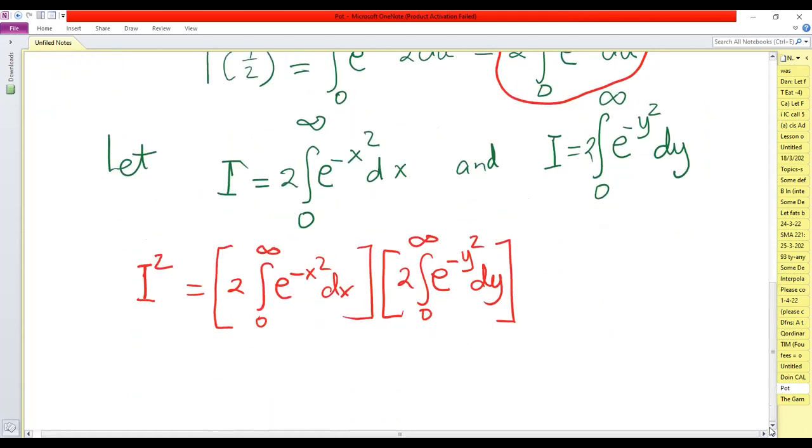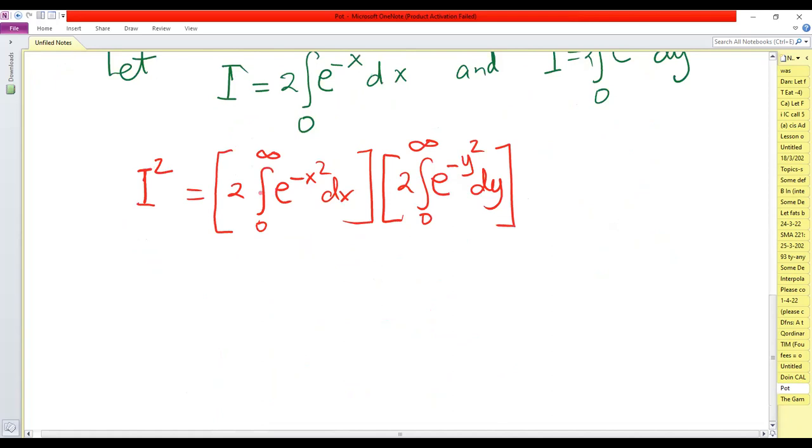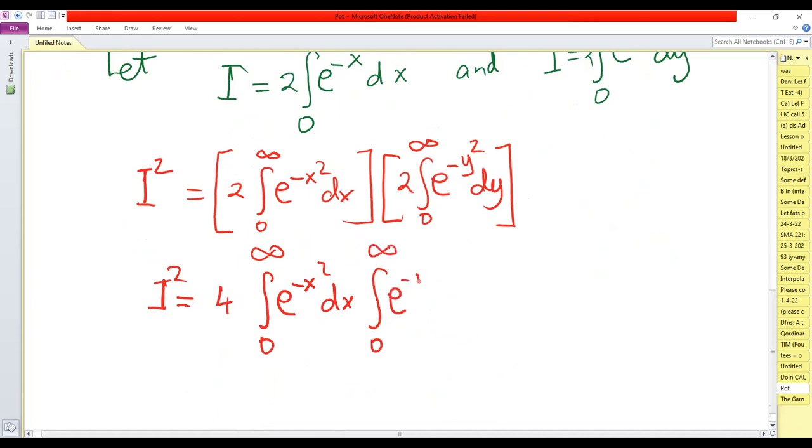And this product will give me 2 by 2 is 4. So I squared equals 4 times the integral from 0 to infinity of e raised to power negative x squared dx times the integral from 0 to infinity of e raised to power negative y squared dy.